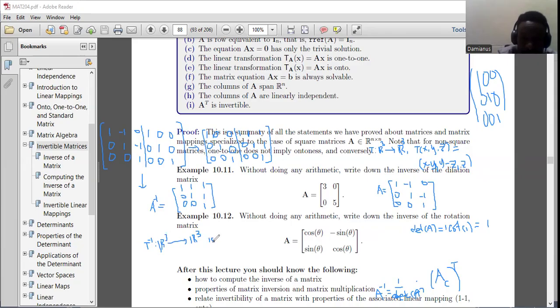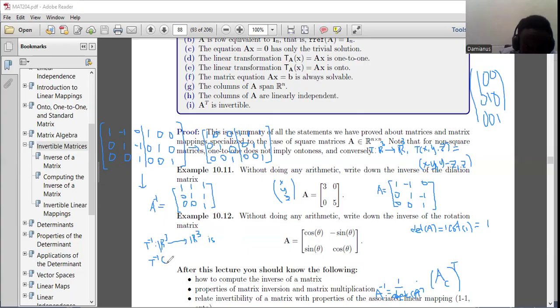I just write it down. I can tell you for free, all you'll do is you pick this matrix and you multiply by x, y, z. I write x, y, z, and then I write that in horizontal form. So this row you multiply by this, I'll have 1 times x. So it's x plus y plus z. So it will be T inverse, or T of A inverse, which I'm writing as T inverse.